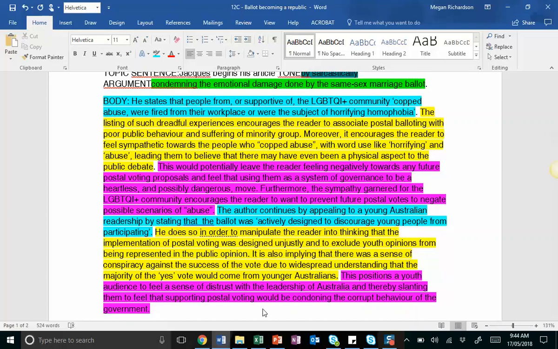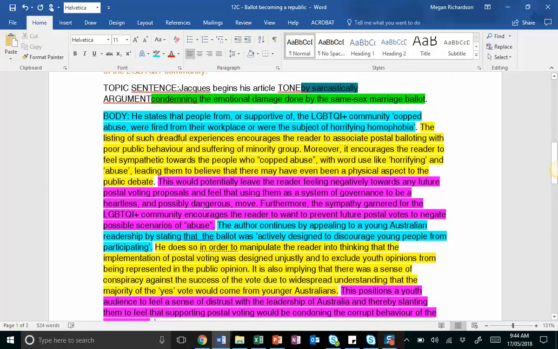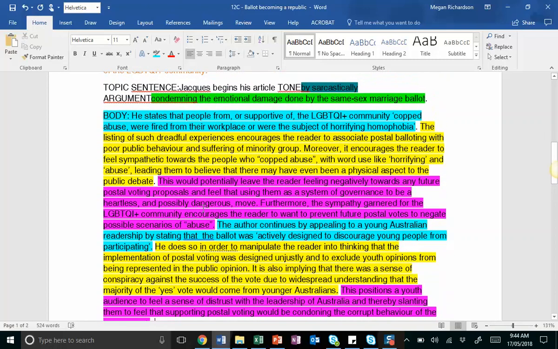Anyway, now what we're going to do, Adrian, is show you how to add in some comparison. We're going to pretend that this is an Article 2 paragraph, and we're going to add in some comparison to the Peter Dutton article. So tell me, where can I find some areas that I could compare? What kinds of things are you allowed to compare? Do you know? Good.